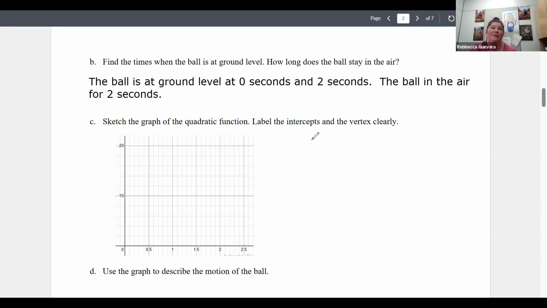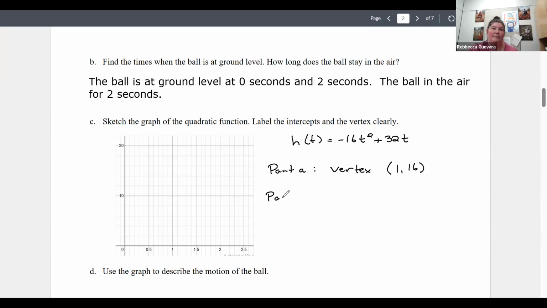So we already found all this information. So remember, this is my equation. And in part A, we found a vertex, right? And what we found was that the vertex was going to be at (1, 16). So at 1 second, it reached 16 feet.